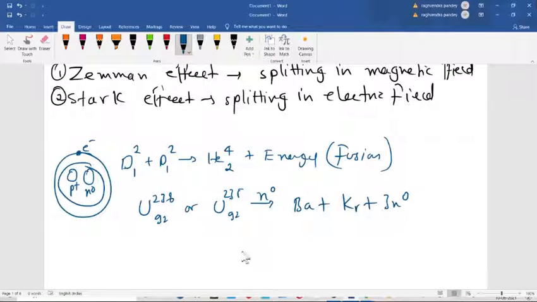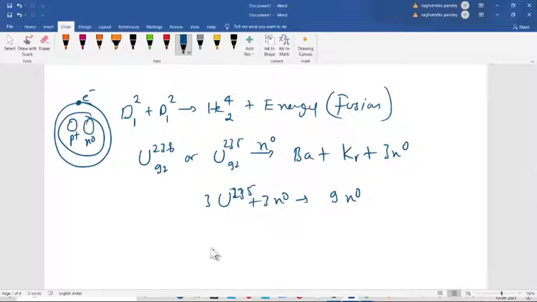And these three neutrons again go into three different uranium 235, and then they give out nine neutrons. Then these nine neutrons react with nine uranium and they give out 27, like that. So that is a chain reaction.